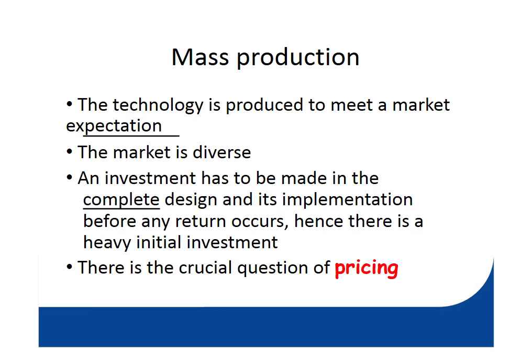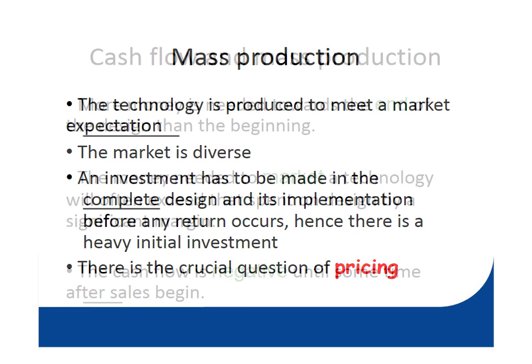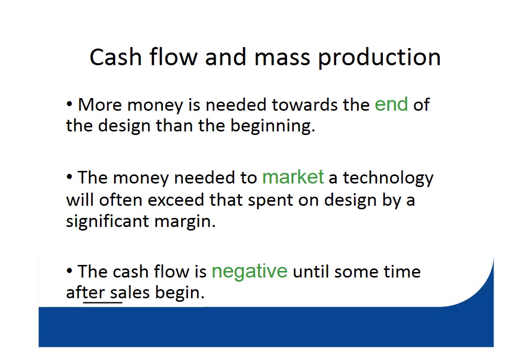Mass production is concerned with markets, investment and pricing. Before mass production, money must be available and a market so that negative cash flow is needed.